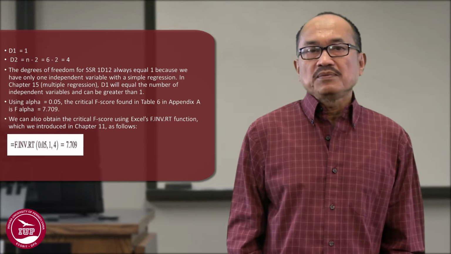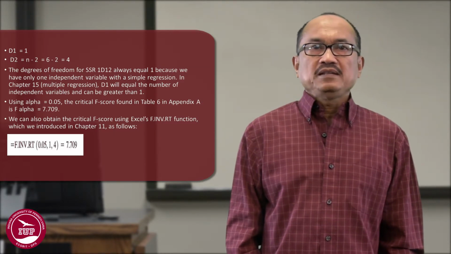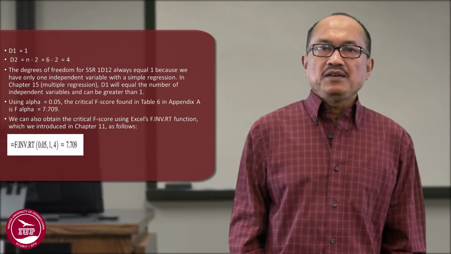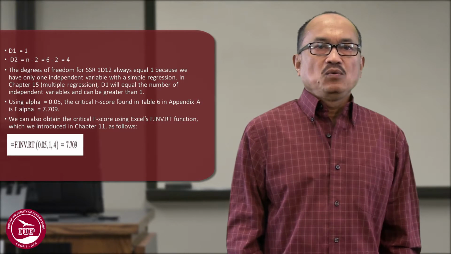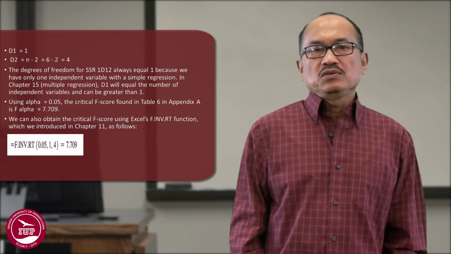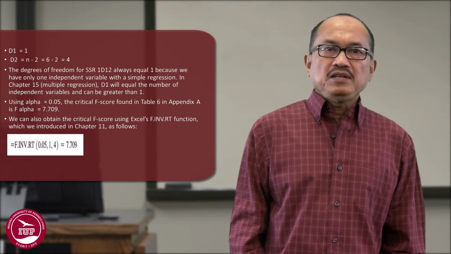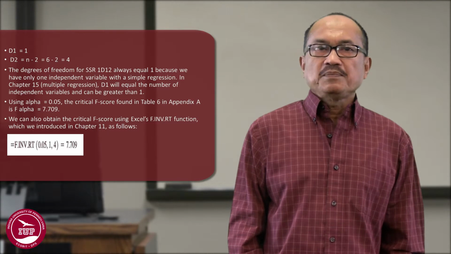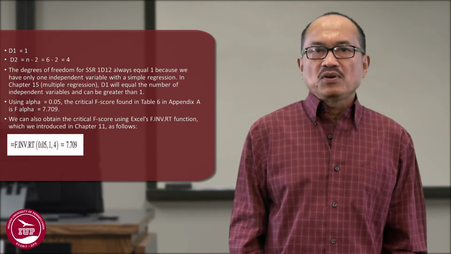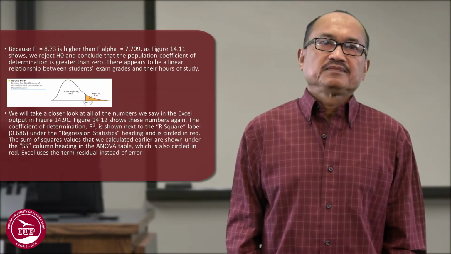F-alpha equal to 7.709. We can also obtain the critical F-score using Excel's F.INV.RT function, which we introduced in chapter 11, as follows: equal to F.INV.RT, inside the parentheses 0.05, 1, 4, is equal to 7.709.